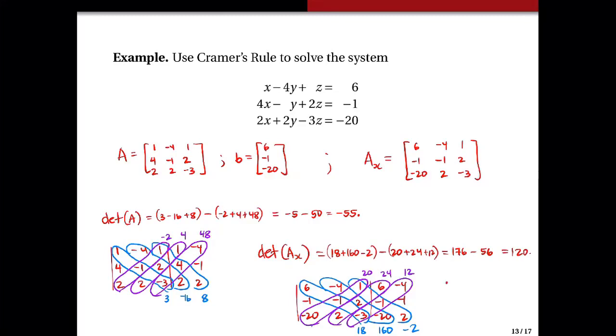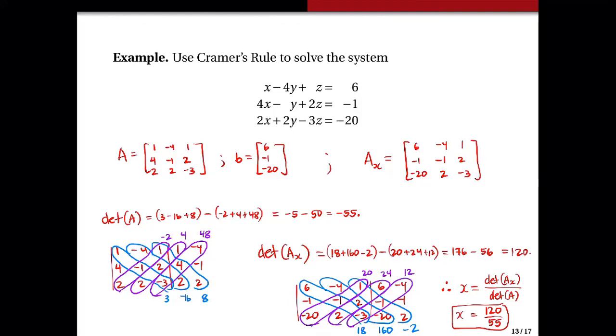Therefore, Cramer's rule says that your x is equal to the determinant of that matrix A sub x over the determinant of A, and this is just 120 over 55. So this is the value of x that will solve the system.